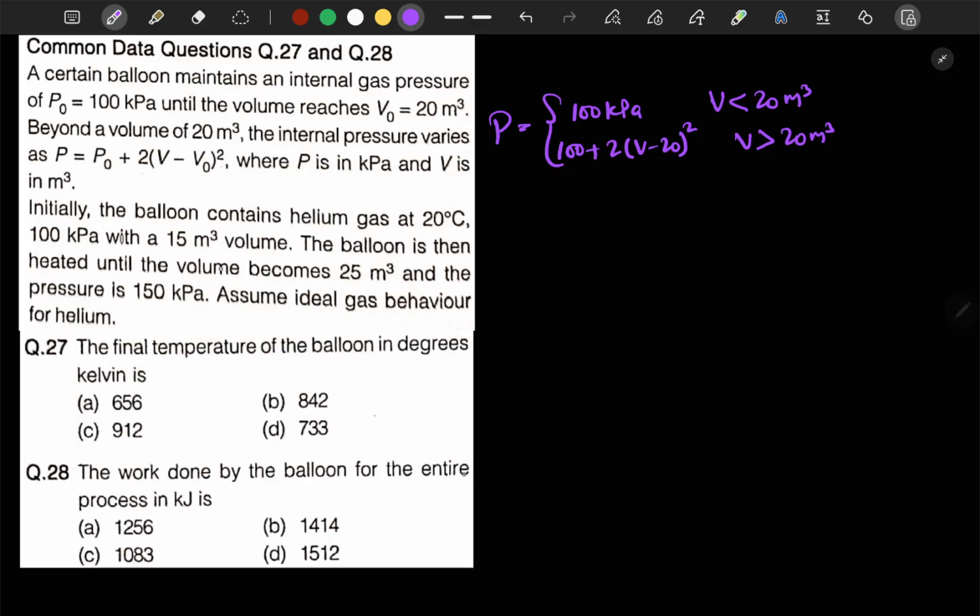Since here we have helium gas at 20 degrees Celsius, 100 kilopascal and 15 volume, the balloon is then heated until the volume reaches 25 meter cube and the pressure is 150 kilopascal. Assume the ideal gas behavior of the helium. Find the temperature of the balloon in Kelvin, the final temperature.